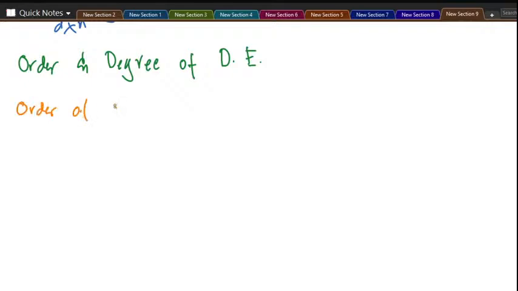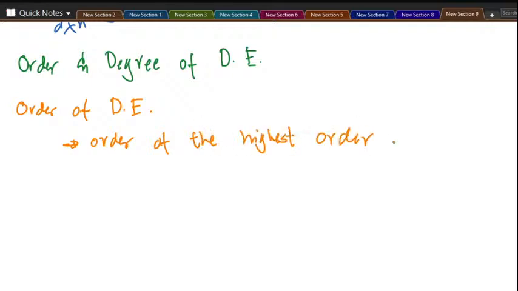The order of our differential equation is the order of the highest order derivative present in the equation.